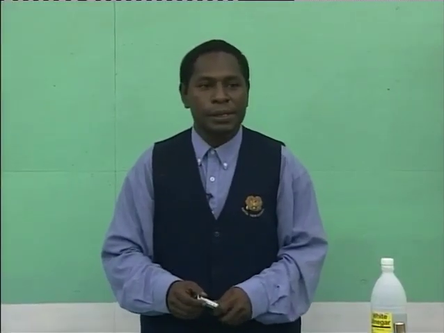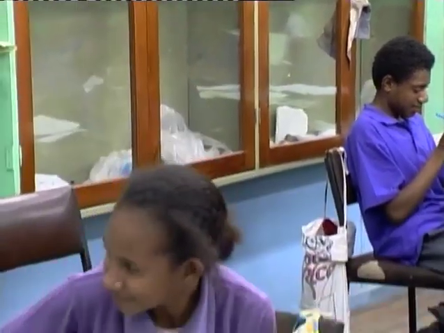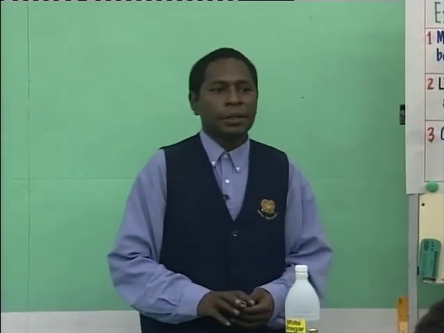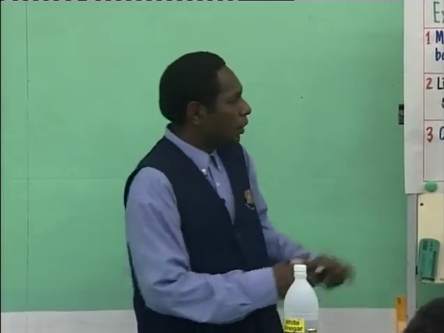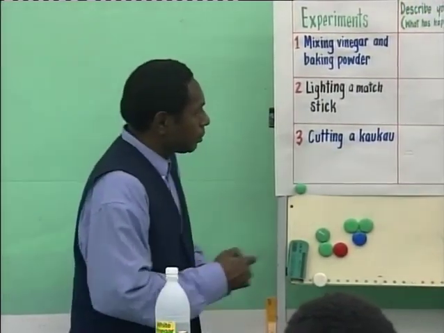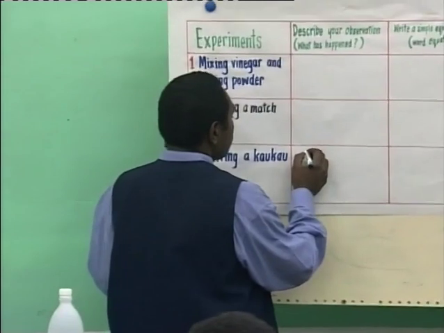After 5 minutes, what do you think will happen? Momoru says the sticky juice will come out from the cow. Okay, that's what she thinks.